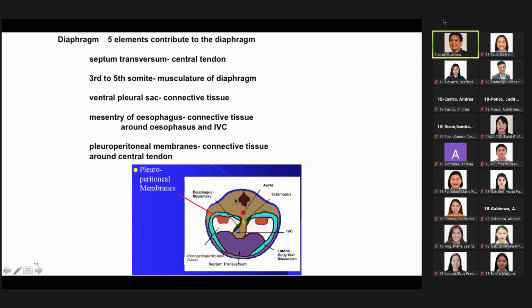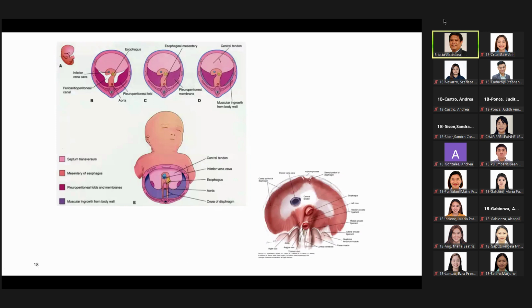So here at the illustration, this is the septum transversum, which is colored violet or purple, which will become your central tendon. Then you have the pericardio-peritoneal canal here. Then you have the inferior vena cava. So in the illustration here again, you're going to see the diaphragm, which is developing here.